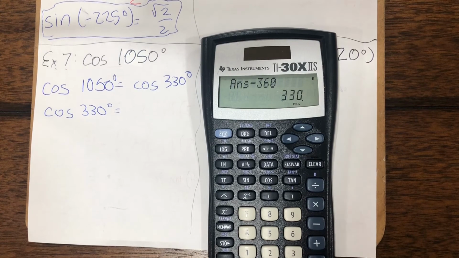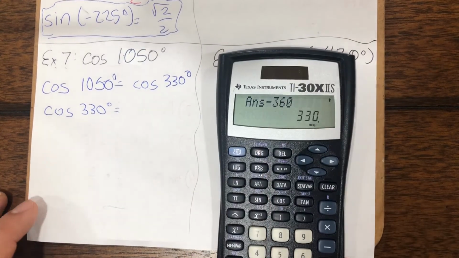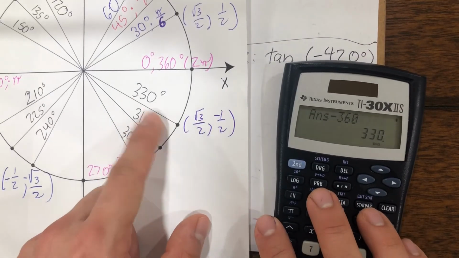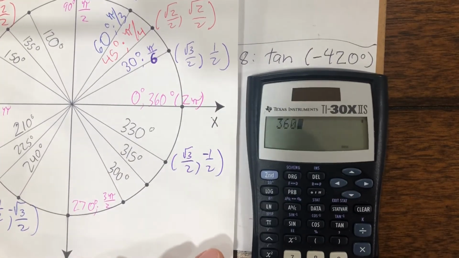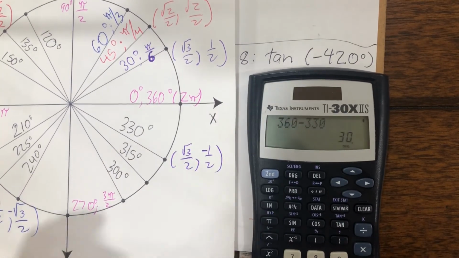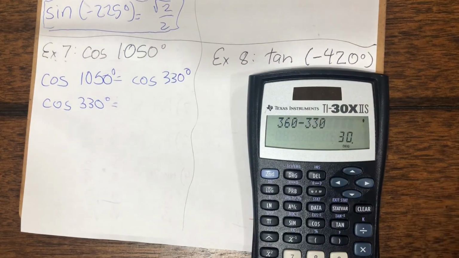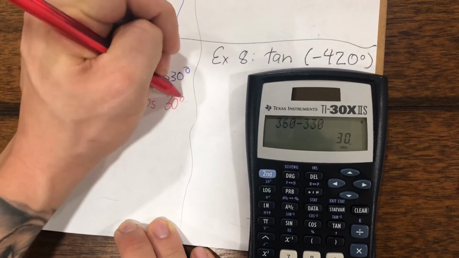First I'm going to figure out my reference angle for 330 degrees. We see that 330 degrees is in the 4th quadrant. So I'm going to take 360 and subtract 330, and I get 30 degrees. So cosine of 330 is similar to evaluating cosine of 30 degrees.